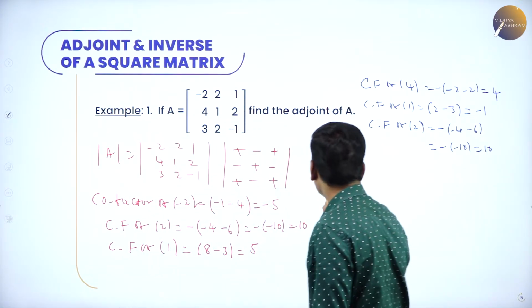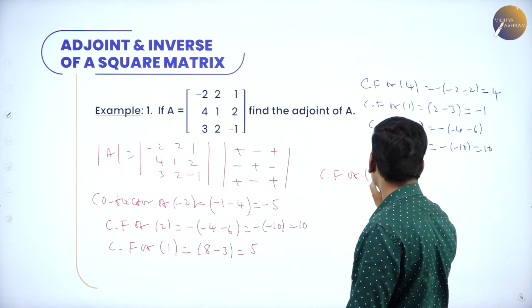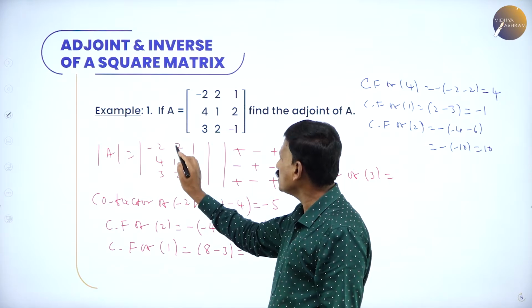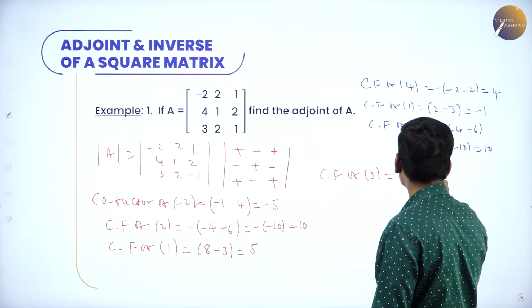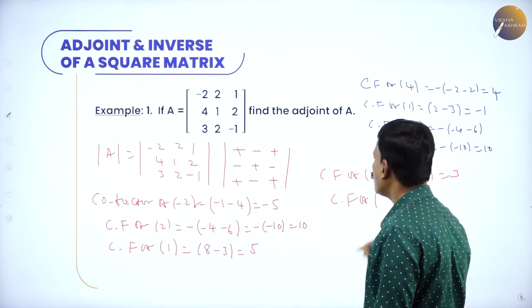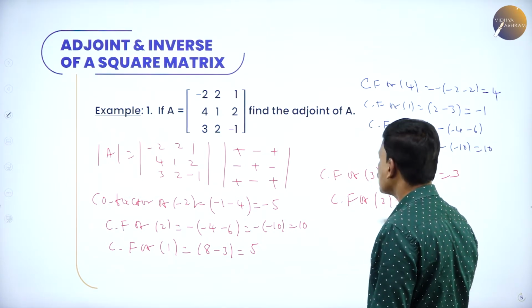Come to this third row, cofactor of 3. This is positive, delete the row and column containing this. 2 1 1 2: 2 2s are 4, minus 1, that is equal to 3. Again, cofactor of 2 is negative sign, minus.